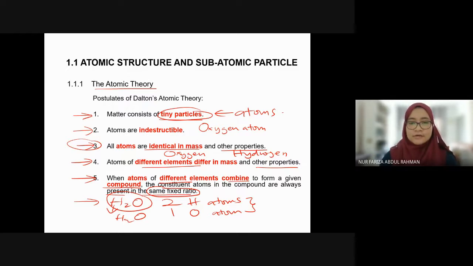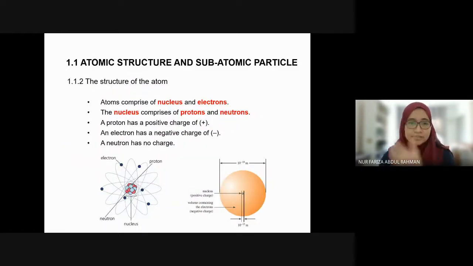So this is the structure of the atom. We know that an atom comprises a nucleus and electrons. The nucleus comprises protons and neutrons. A proton has a positive charge, which we can represent with this symbol, and an electron has a negative charge, with this symbol.